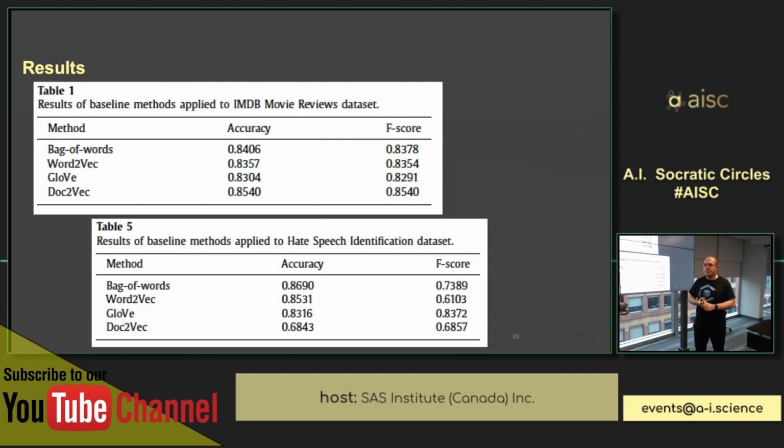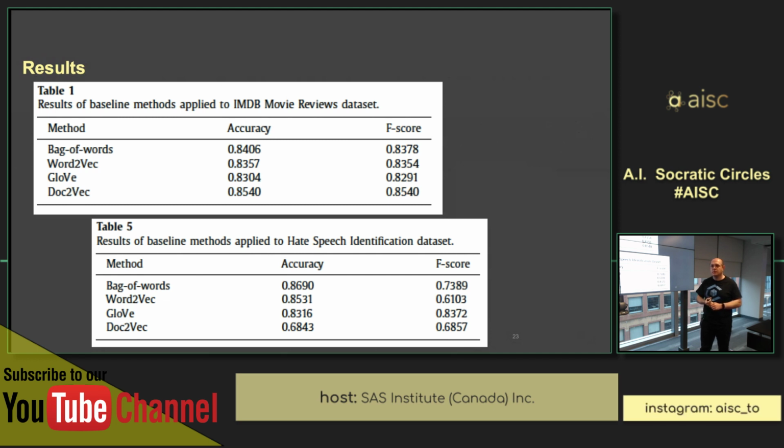How are you aggregating the word vectors in those? These are pre-trained models: the word2vec was trained on Wikipedia, and the GloVe was trained on, I think, internet crawl data.